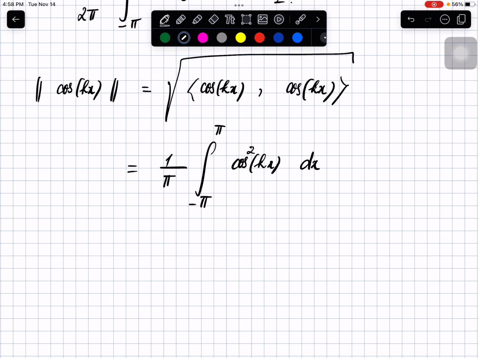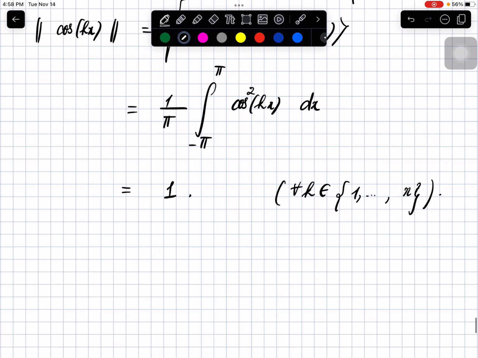And yes, again, these are calculus 1 questions, so you compute it yourself, this is 1. So this is true for all k from 1 to n, so each vector in the set is a unit vector.